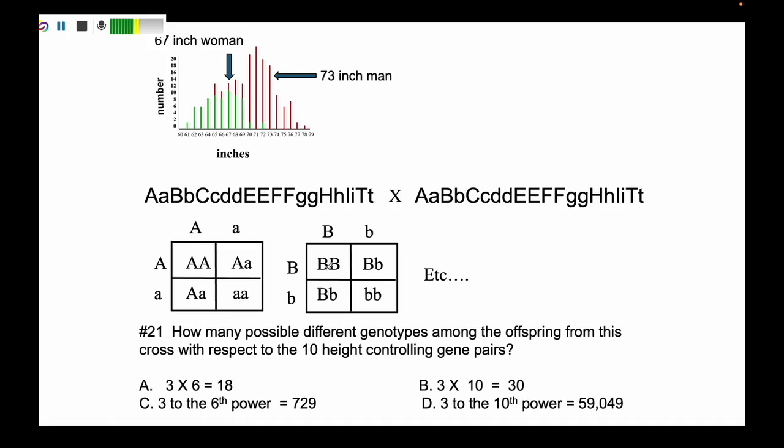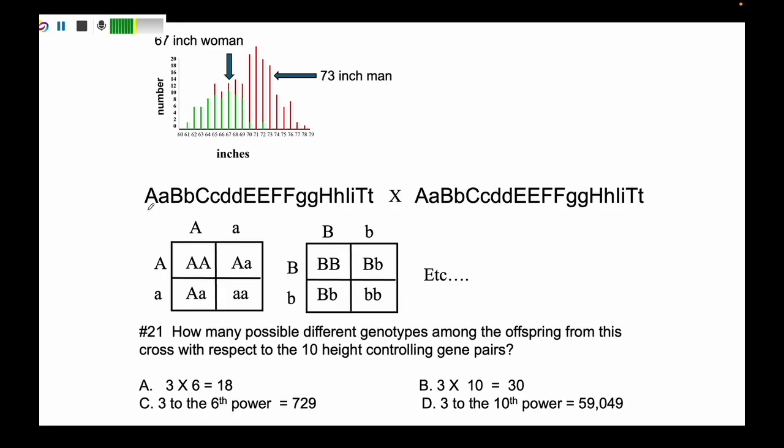The principle of segregation, every time we draw a Punnett square, we're dealing with the principle of segregation, and then the principle of independent assortment, where the probability of getting a specific genotype combination at the A gene pair is independent of the probability of getting a certain gene combination at the B gene pair.